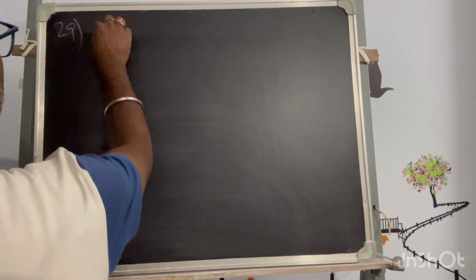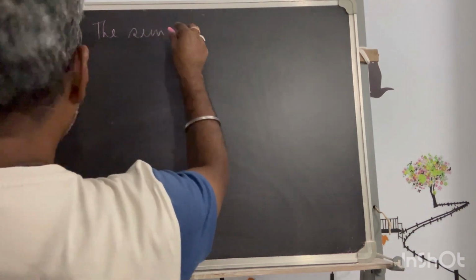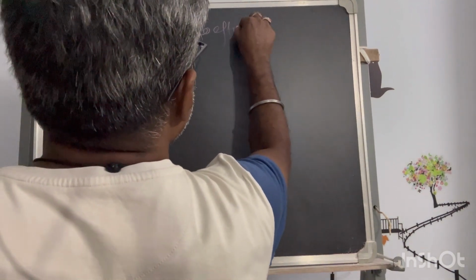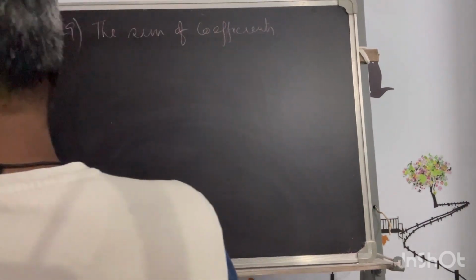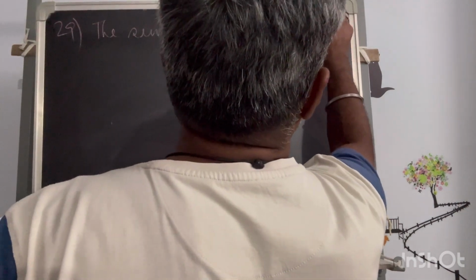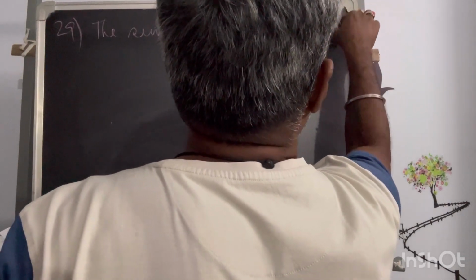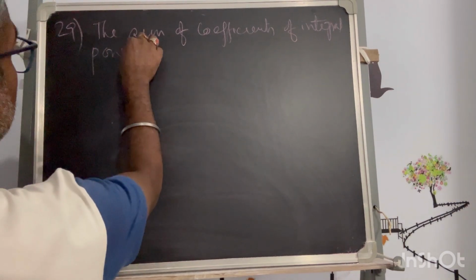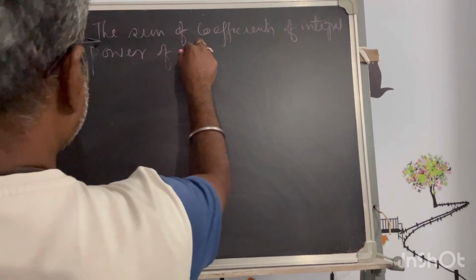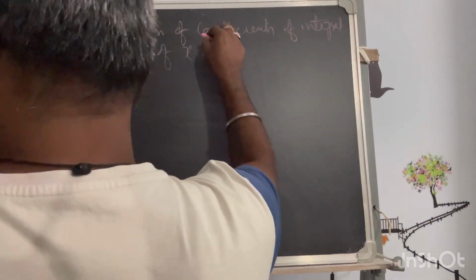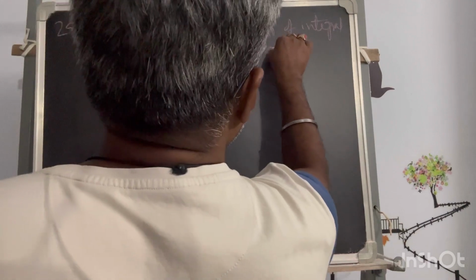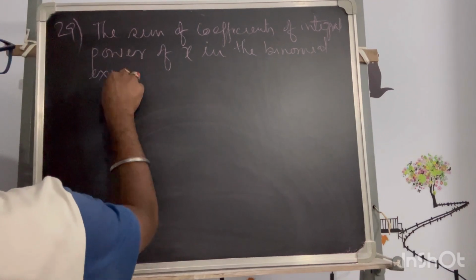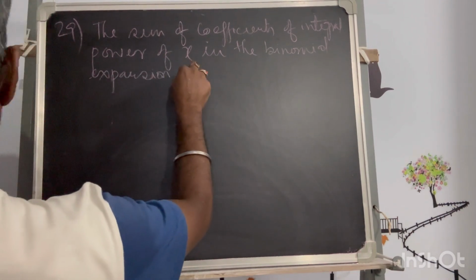Okay, the sum of coefficients of integral power of x in the binomial expansion is what?